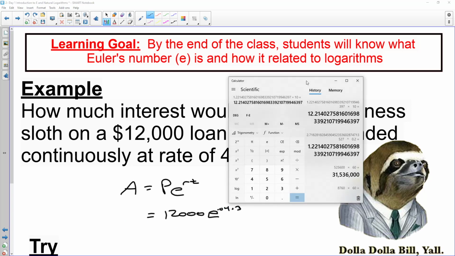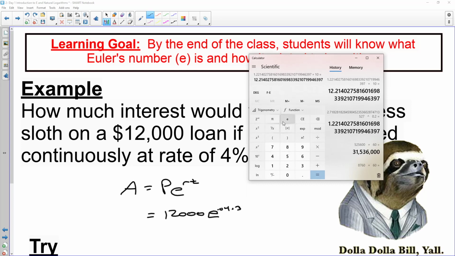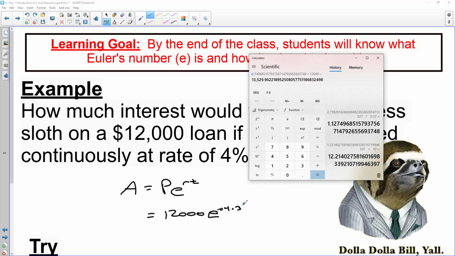Again, starting off with e, you can do this separately or off to the side, 0.04 times 3 is 0.12. So I'm going to raise e to the 0.12, get my answer, and then multiply that by 12,000. And there we have about $13,529, right?